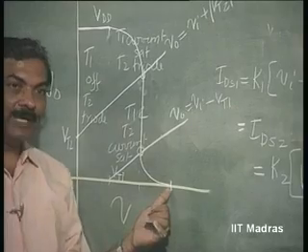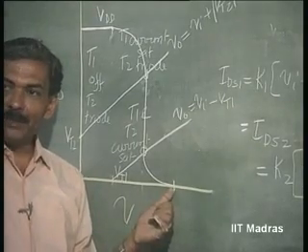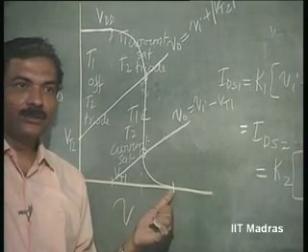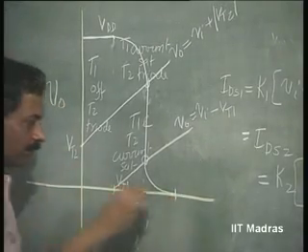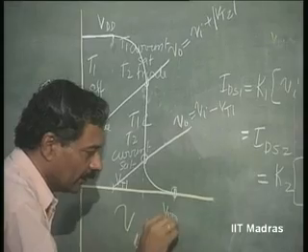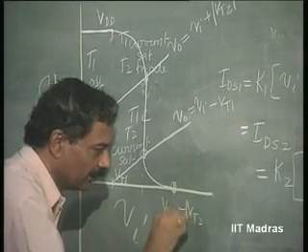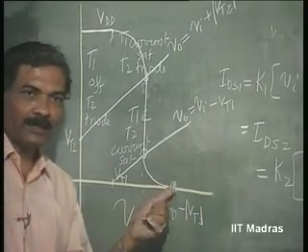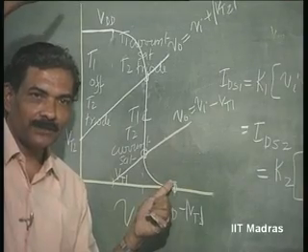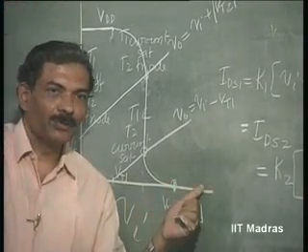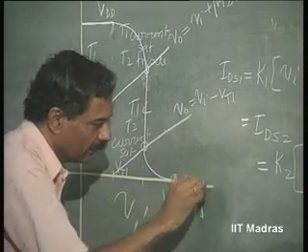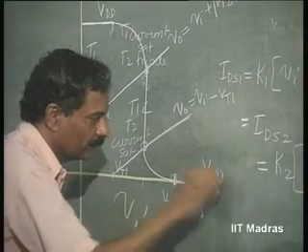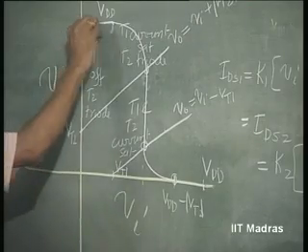When this reaches Vdd minus Vt, the upper transistor goes to off state. So, Vdd minus Vt2, the upper one goes to off state, and the output is going to be 0, no current, and up to Vdd.